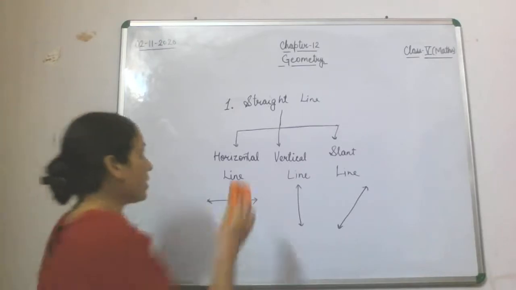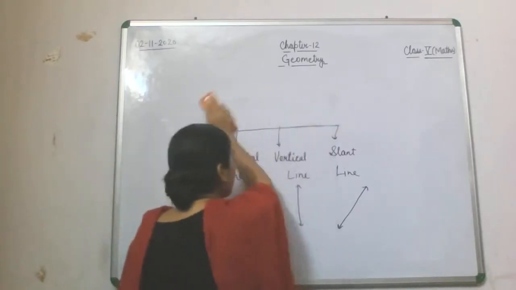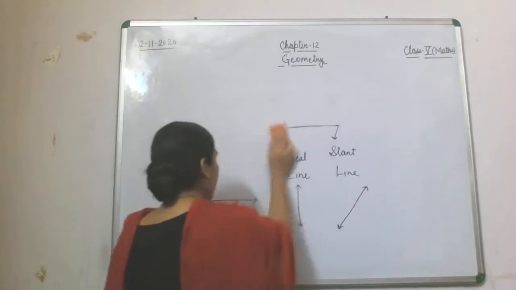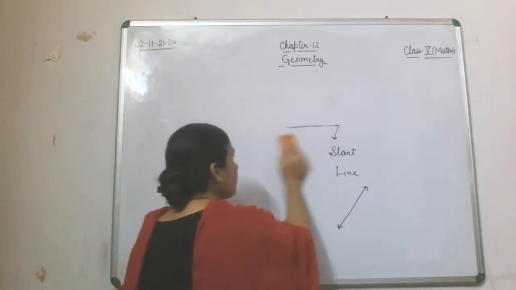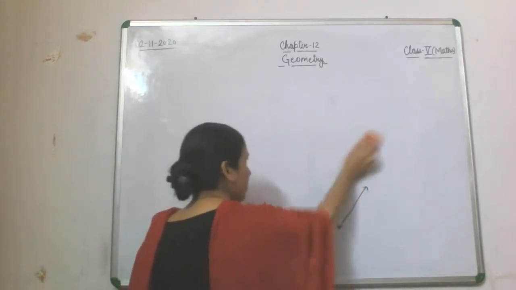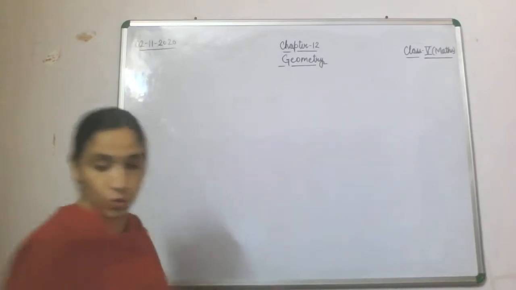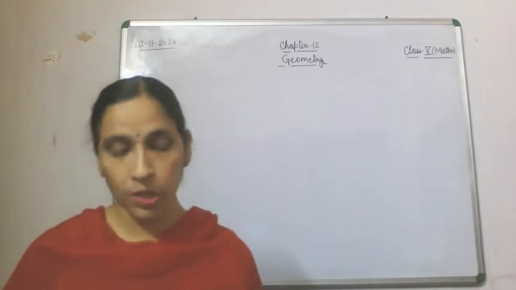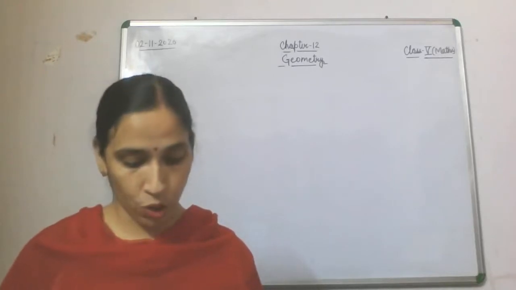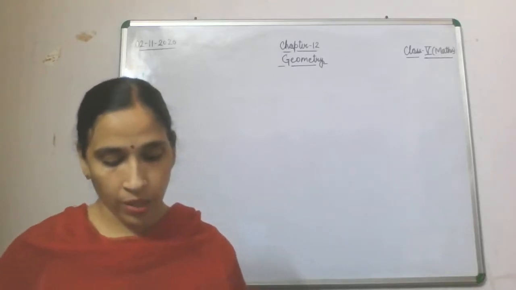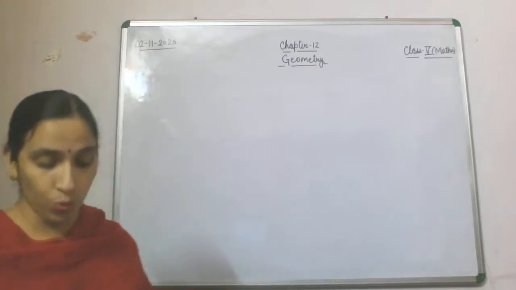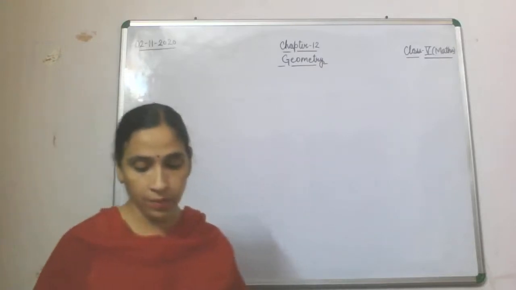Examples we have started. So now children, I am going to continue with the examples. Example 1 we have already done, in which you were supposed to represent types of lines. So I'll start with example 2. Now here, example 2, look at the figure.